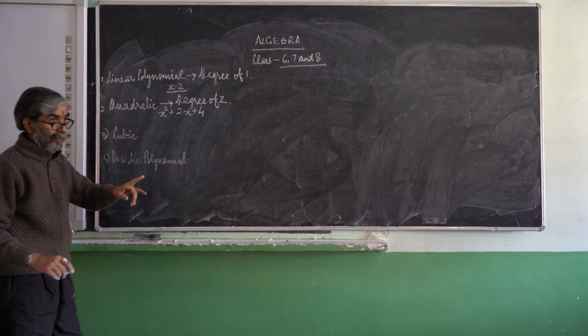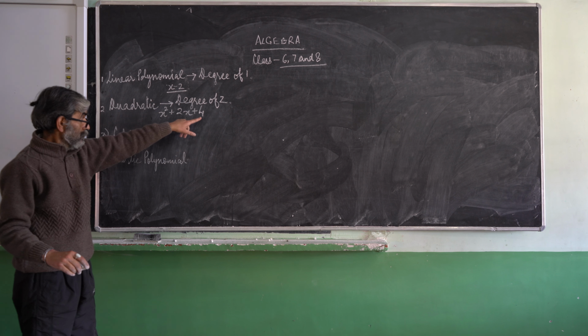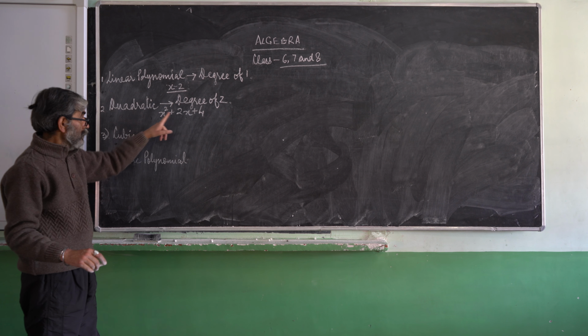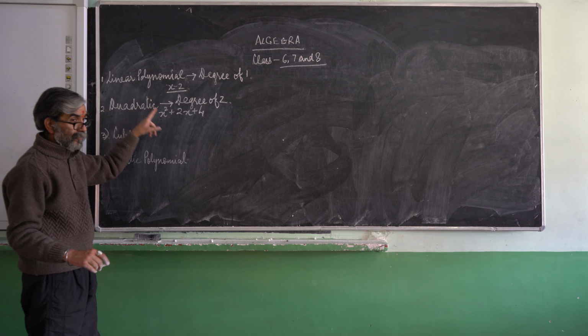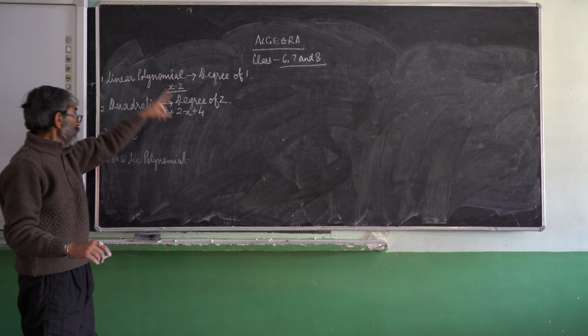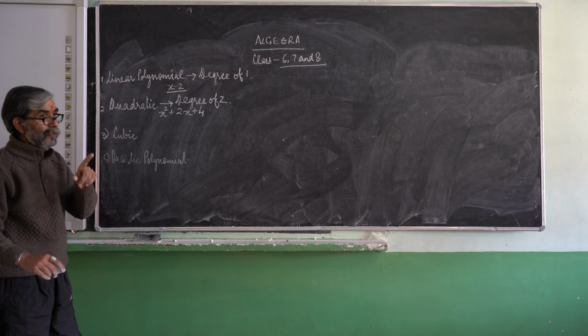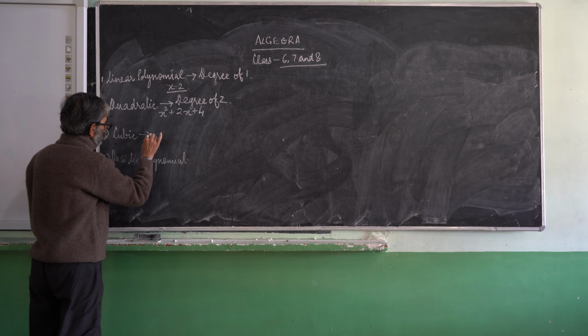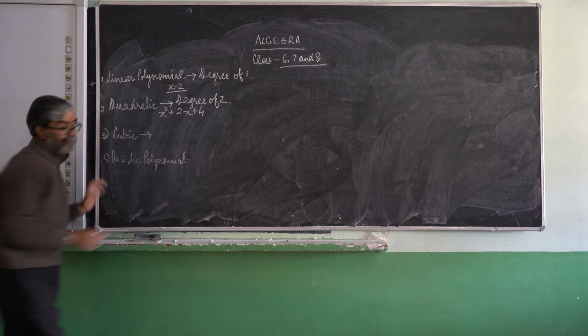The highest power of the expression. In this case, the highest power of the variable is 2. Therefore we take this degree as 2, and any polynomial which has a degree of 2 is known as a quadratic polynomial.